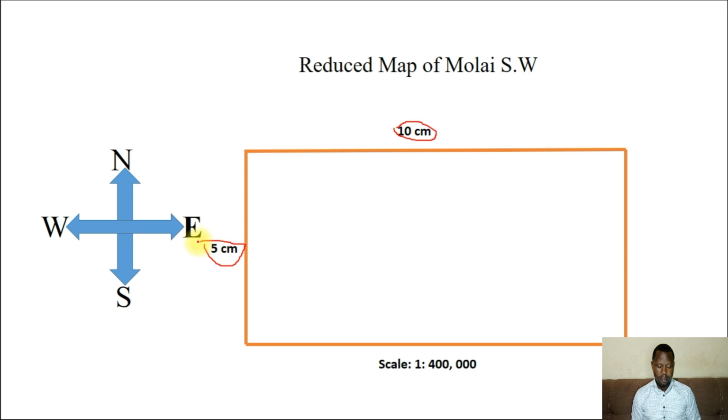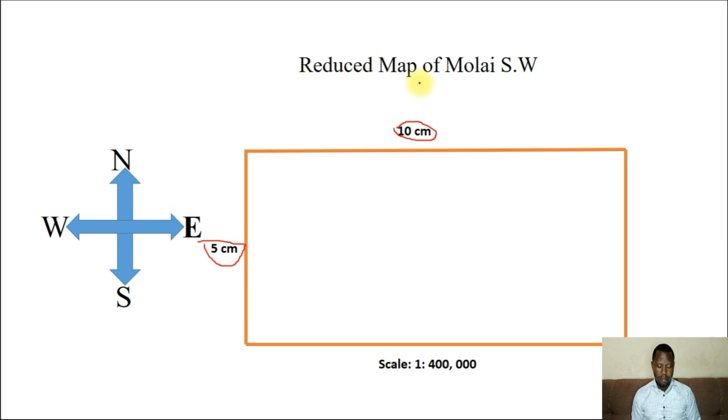So please do remember, anytime you draw your new map, remember to put the new length and the new breadth at its appropriate places, and don't forget to draw your cardinal points indicating the directions of your map. So you see my cardinal point here, and it has the north, the west, the east, and the south.